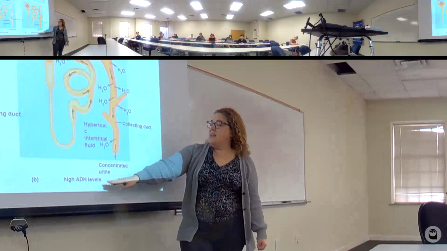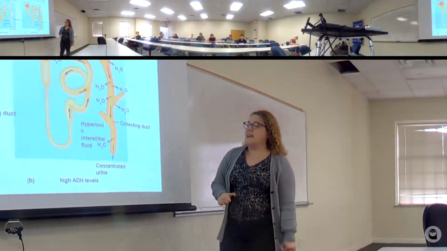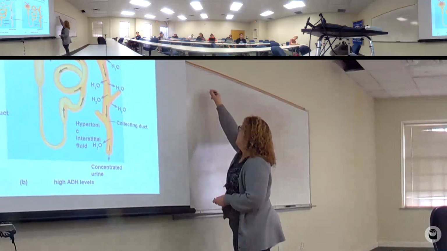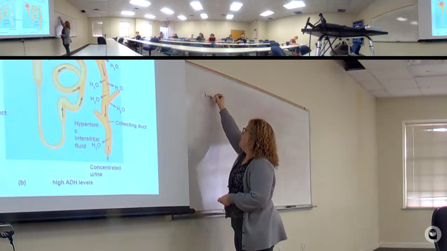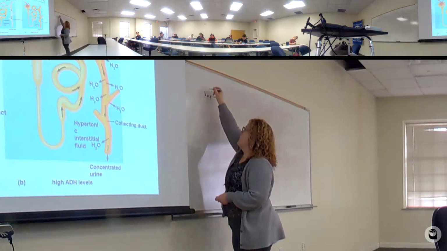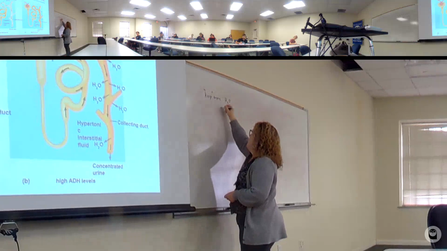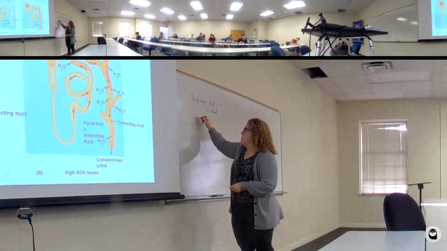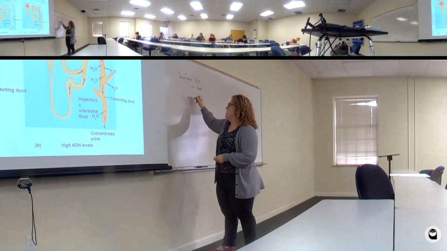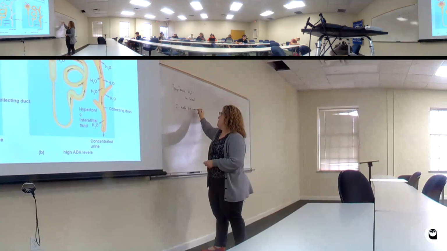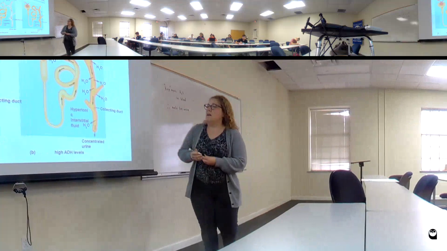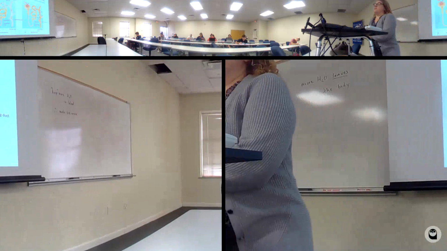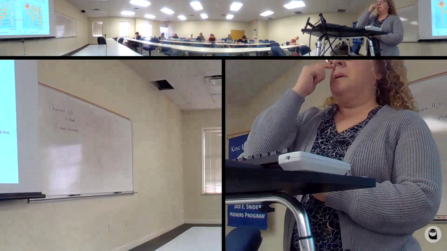So if we are making higher levels of antidiuretic hormone, we are going to keep more water in the blood so that we make less urine. And that concept is where the name antidiuretic hormone comes from.